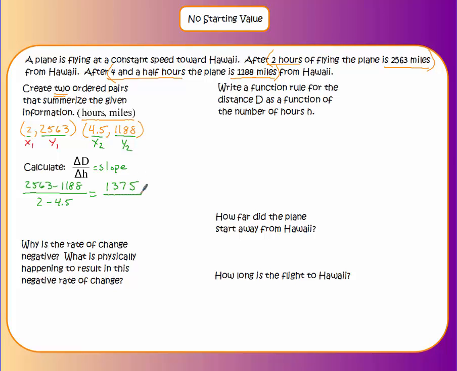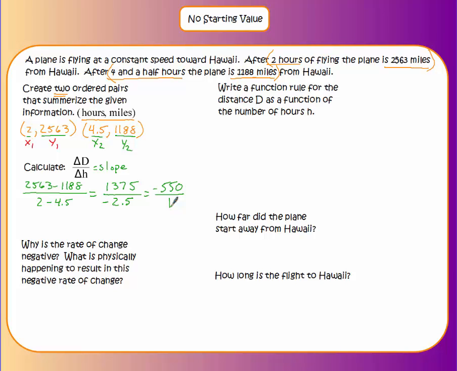And when I subtract the bottom, I get negative 2.5. So when I clean this up a little bit, and I divide 1,375 divided by negative 2.5, I'm going to get a negative 550. And since I want this to be my slope still, let's keep that over 1. Negative 550 over 1.